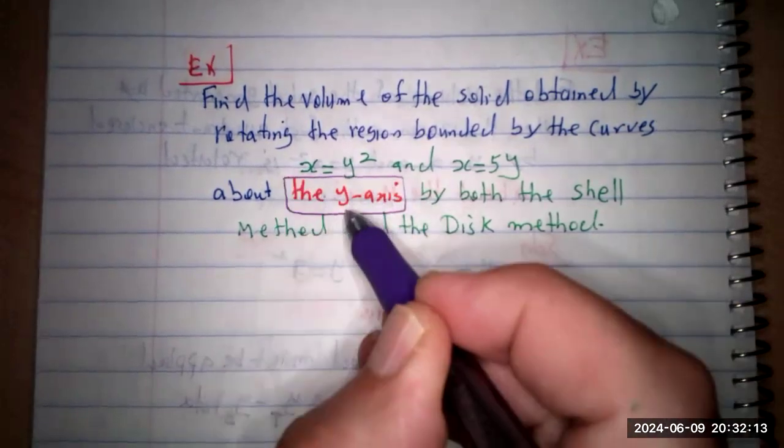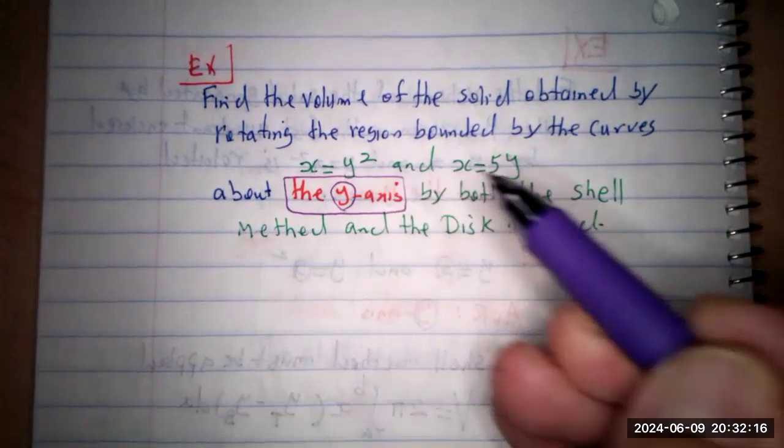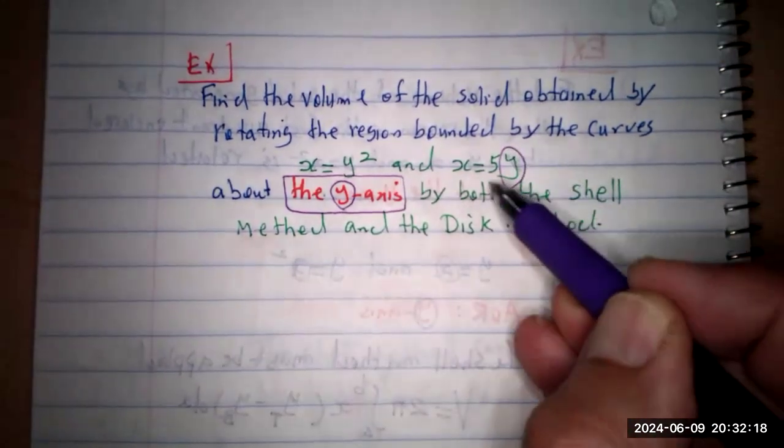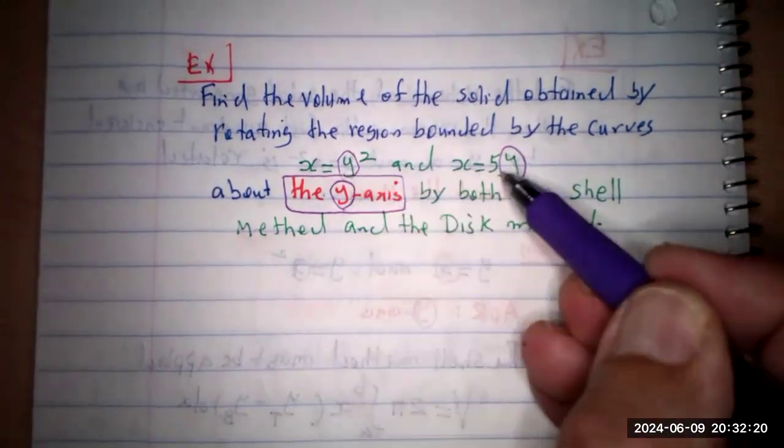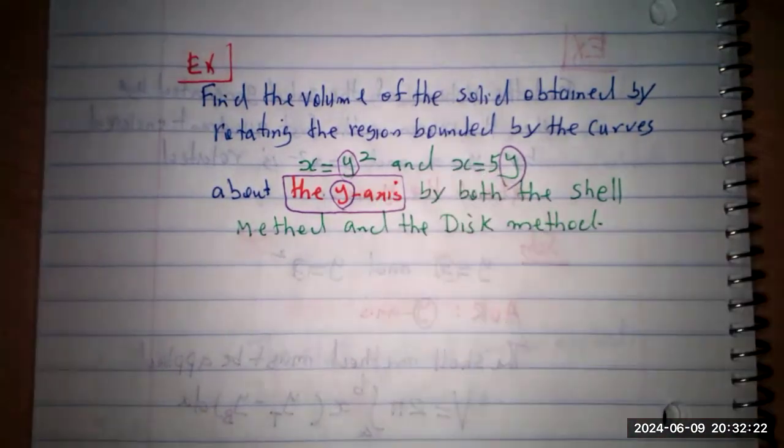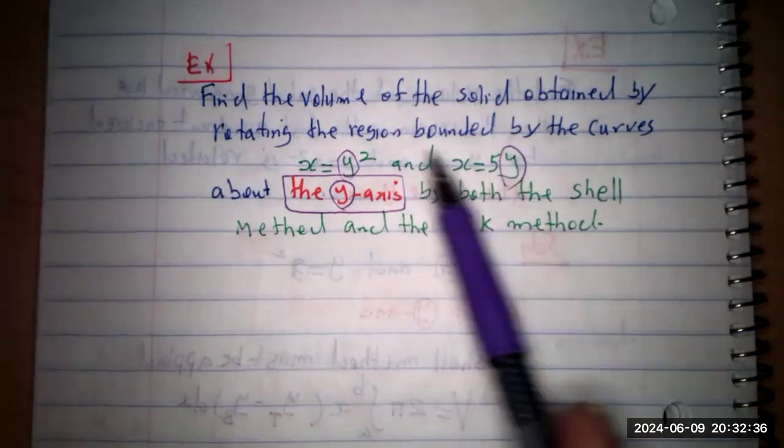The axis of revolution is the y-axis, and the functions are functions of y. Everything is the same. Since everything is the same, the natural method that you can use for this one is the disk method.